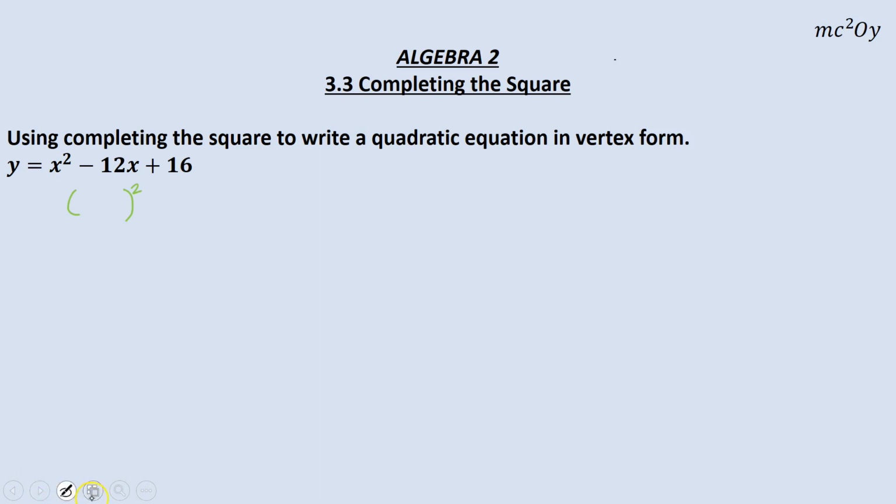The first thing I want to ask myself is, half of 12 is 6, and is 6 squared 16? To give myself a little more room, I'll rewrite the problem over here to show what we need to do.